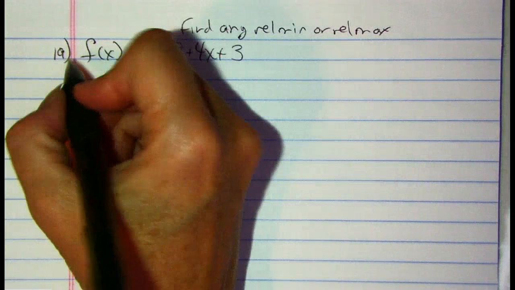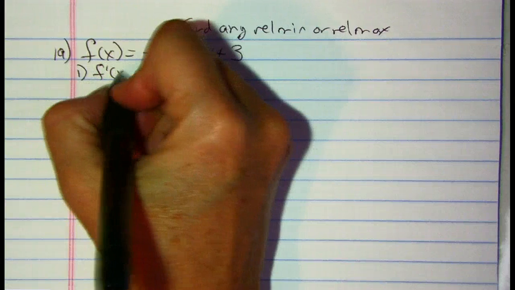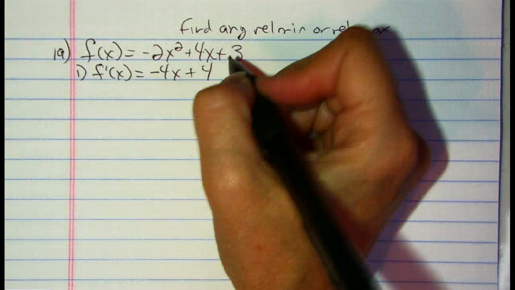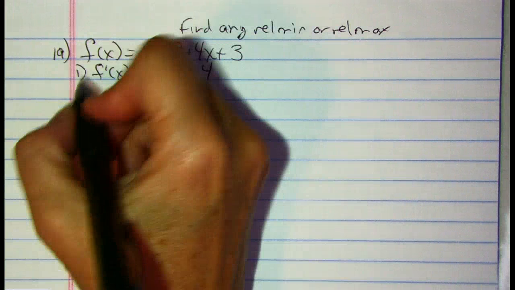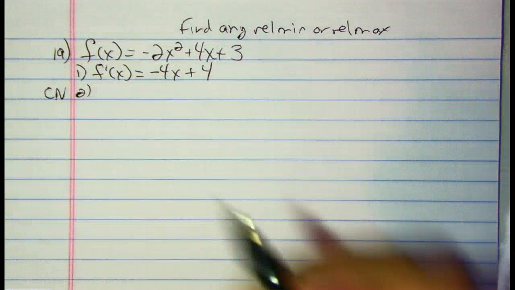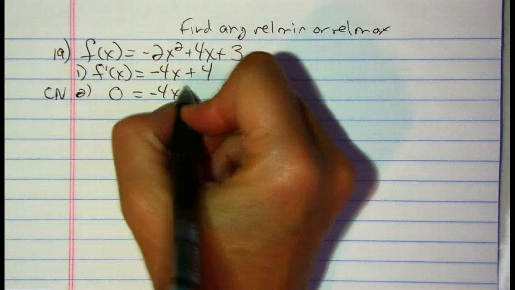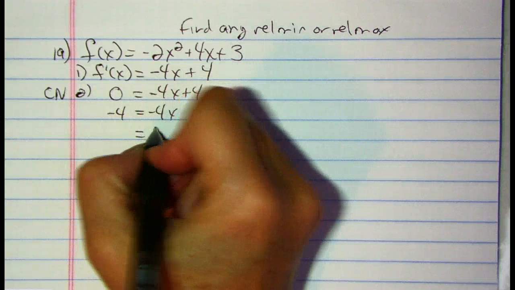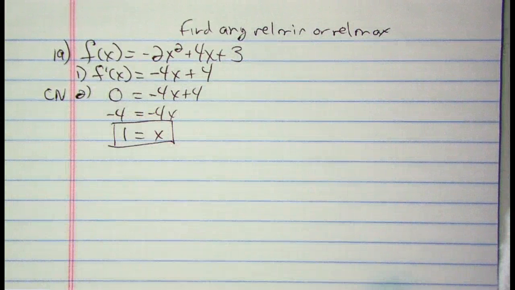So the first step, as I had said, was to take the derivative. So let's do that. Done. Second was to find any critical numbers. How do I do that? I'm going to set this equal to 0. So x equals 1 is my first critical number.